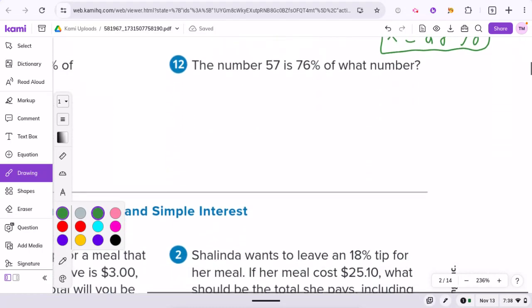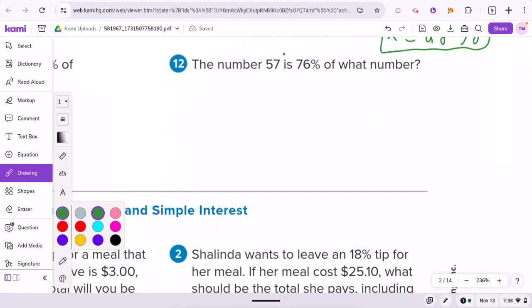And then last one, number 12, says the number 57 is 76% of what number? So 57 is the part, because it's saying it's a percentage of a particular number. So 57 equals 76% of what number?